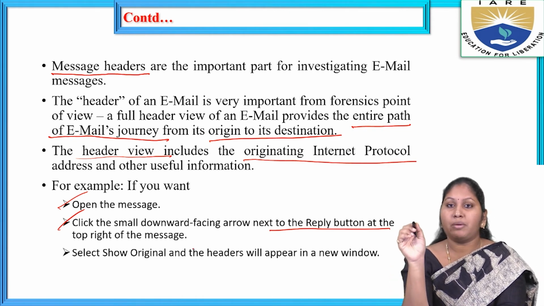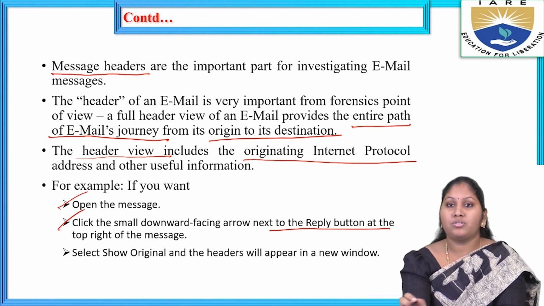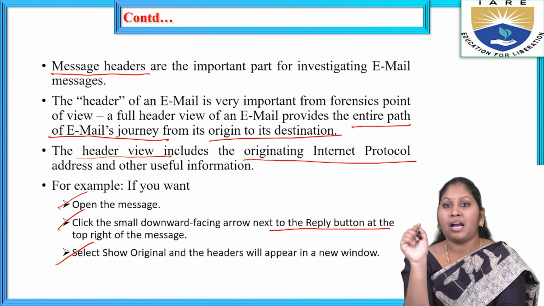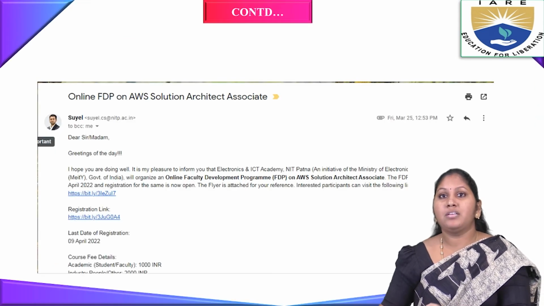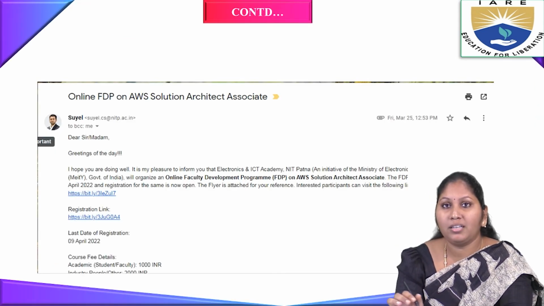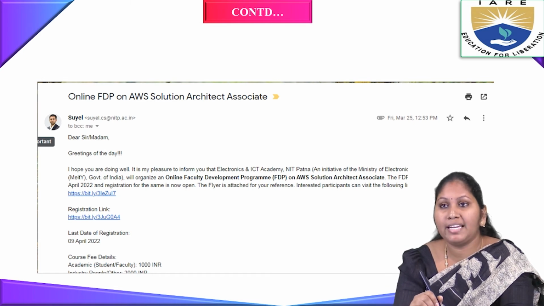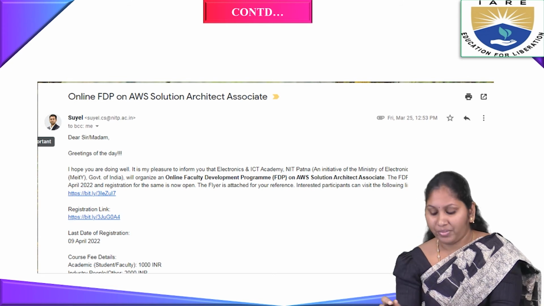Then select Show original, and the headers will appear in a new window. So let us see, for example, this one email I have got. I want to view where it came from and what details we can see.